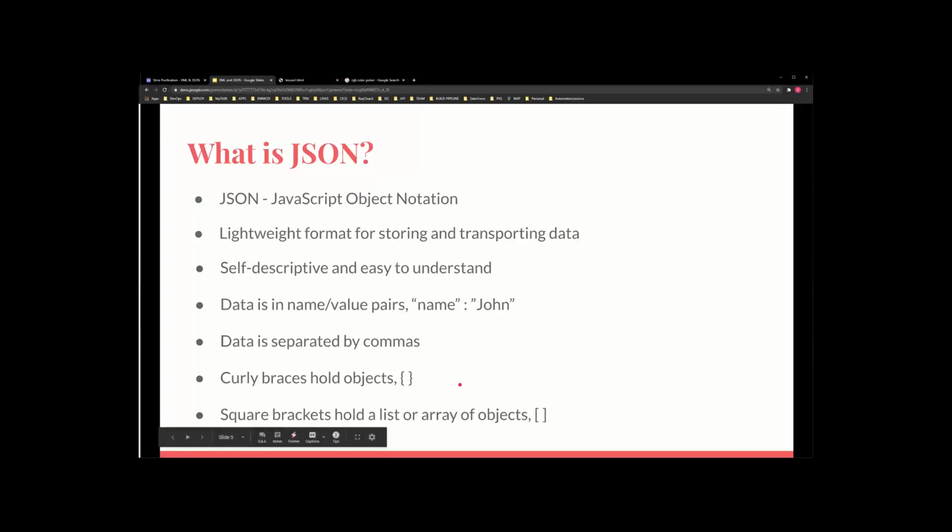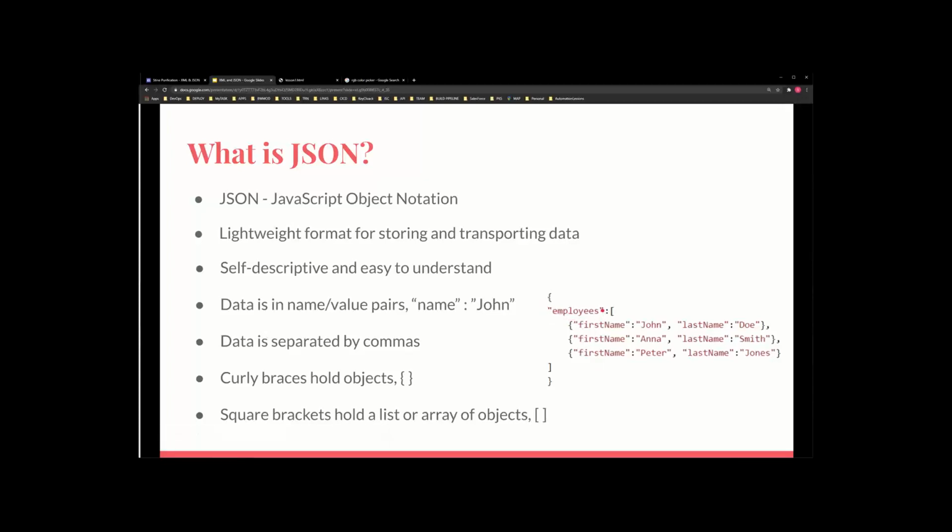But how is this data going to look like in JSON? Here it is. Take a look at this data. Instead of an opening tag and a closing tag, it has curly braces. It doesn't have an opening and a closing tag for employees.